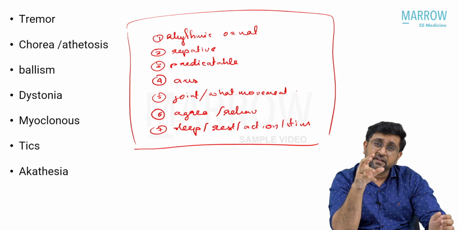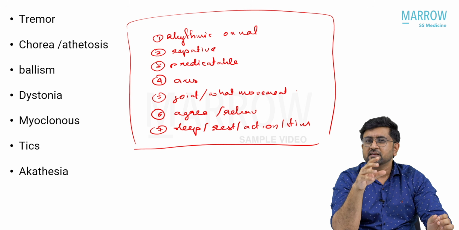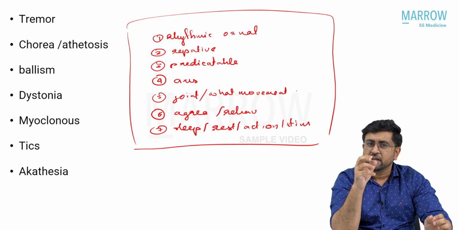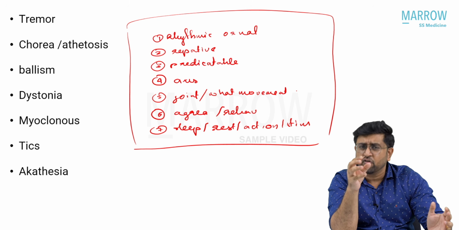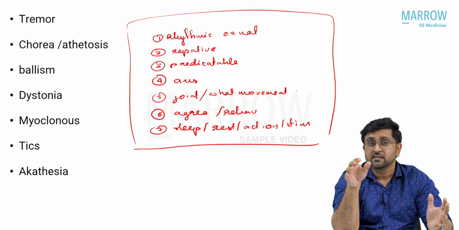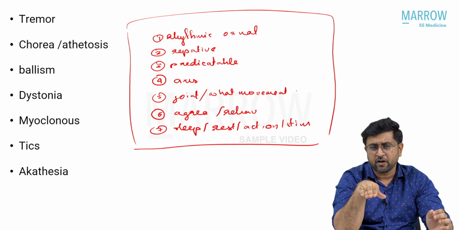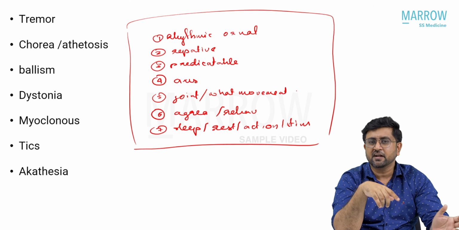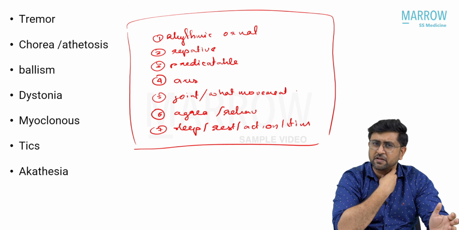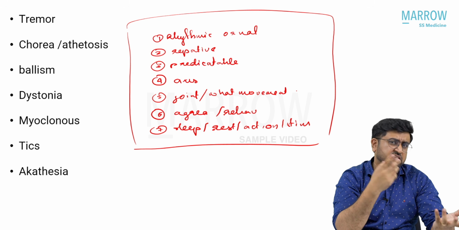That is known as a patterned movement. It is slightly arrhythmic, somewhat repetitive, but not as predictably repetitive as a tremor. In tremor you can predict that after up, down will come, because the gap between each movement is constant. But here, this movement will happen, sometimes it may relax, sometimes it may not relax, and sometimes after some time it will be triggered.